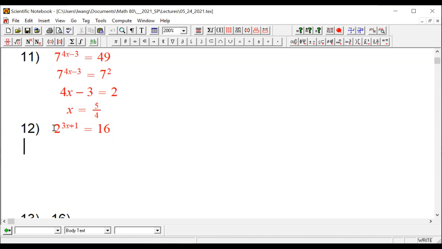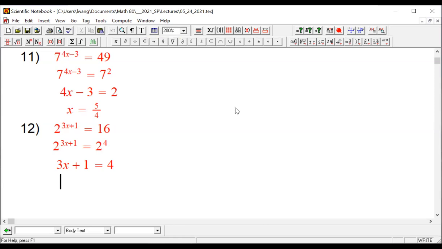Okay. And let's look at number 12, right? We have 16. 16 is 2 to the power of 4. So now, same base, the power must be the same since their outputs are the same. And in the end, what does x equal?